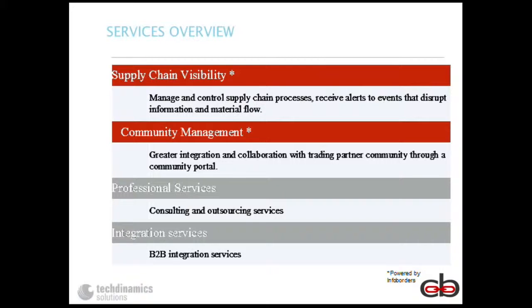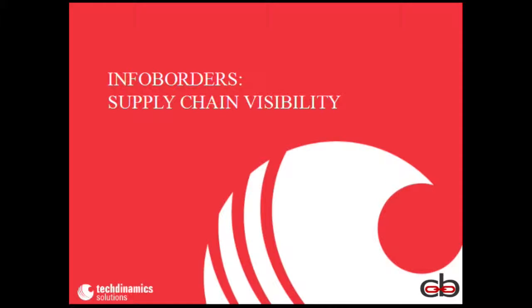The ones related to visibility and Infoborders in general are the supply chain visibility solution, which we're going to look at today, and community management, which focuses more on the management of trading partners. This is outside the scope of our discussion, but it's also part of the suite of Infoborder tools that we have.